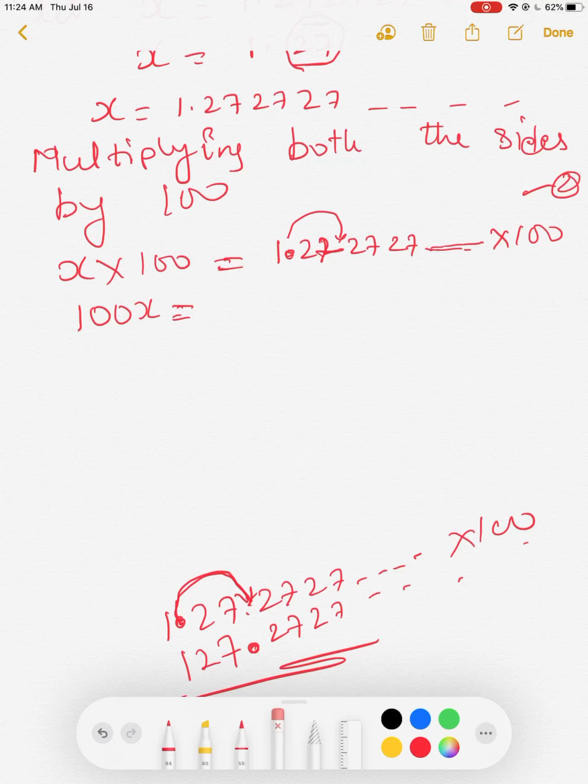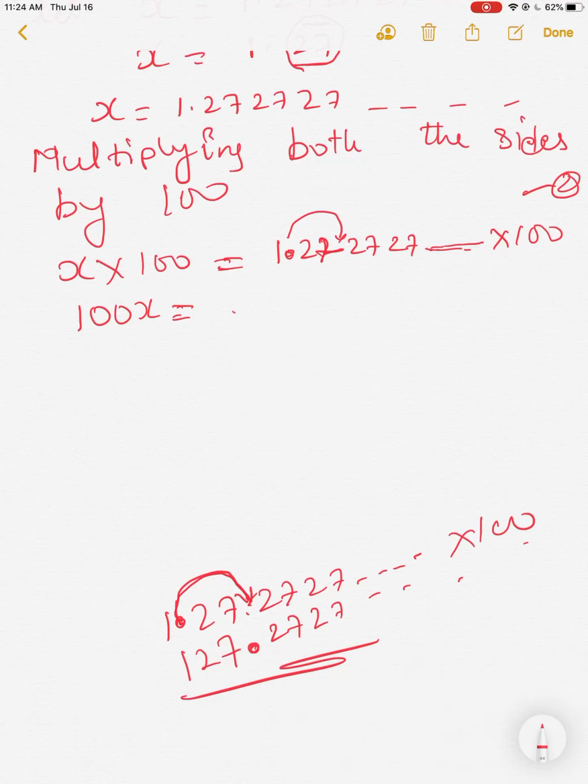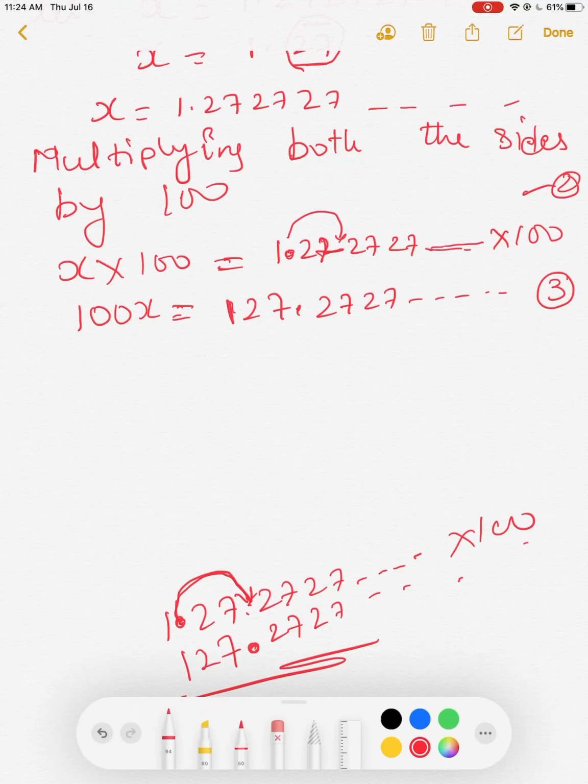So you will be having 127.2727... here. Next, this is the third step you will be getting. Remember step by step.